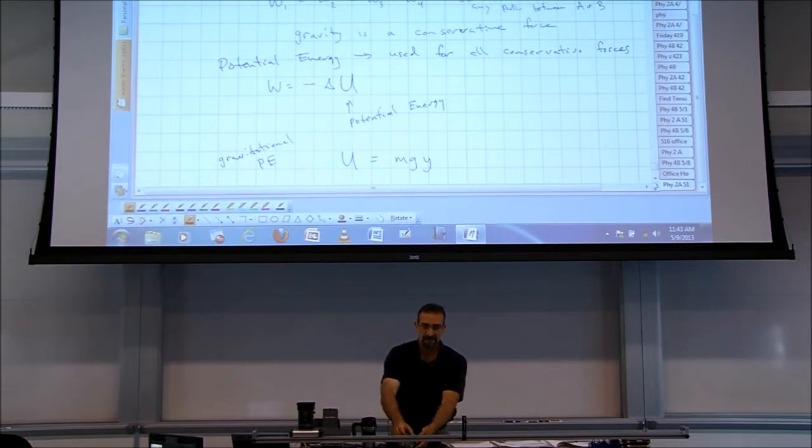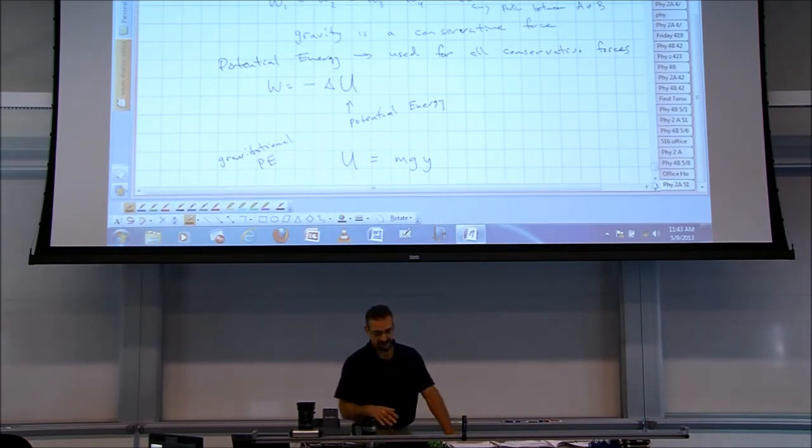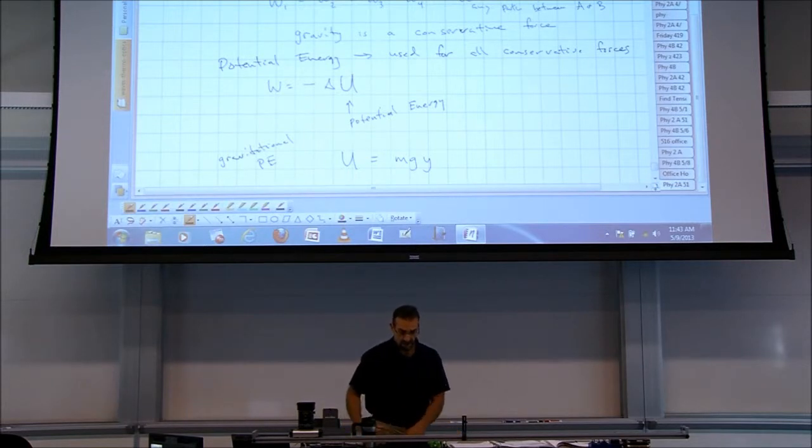But where does it end up? For you, 1 meter. For me, it ends up at 0. So we both have the same change in height, and we're both going to end up with the same answer for the change in potential energy and how fast it's going when it hits the table. So the 0 reference is kind of arbitrary. What's really important is changes in potential energy.